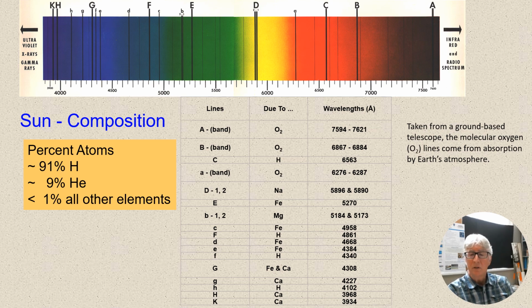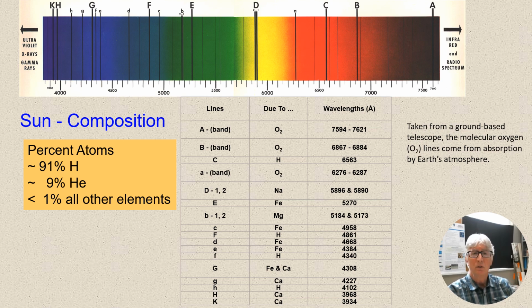The sun's composition can be determined by the spectrum. What you see here is the visible solar spectrum, also called the Fraunhofer lines. The spectral lines identify the types of atoms and molecules that make up the gas in the sun.